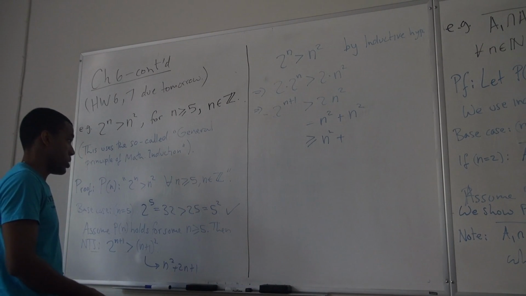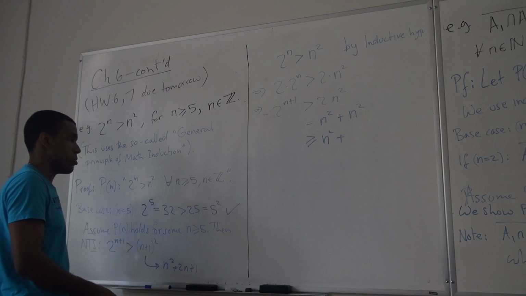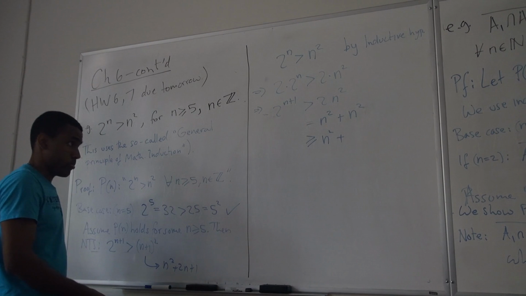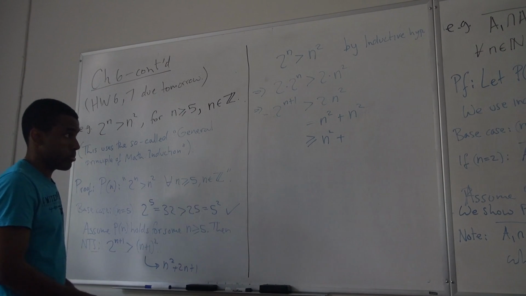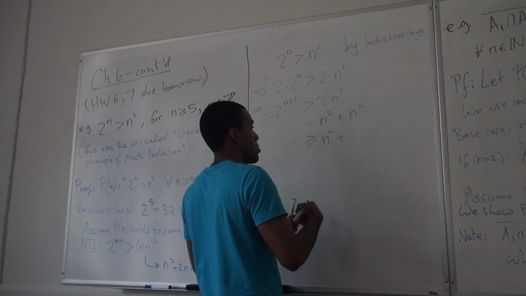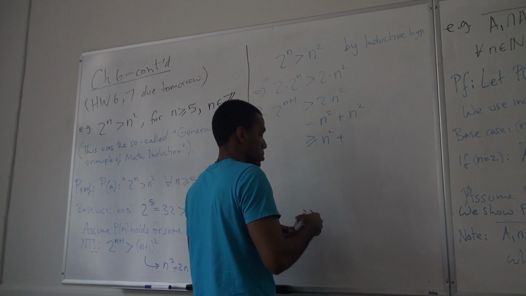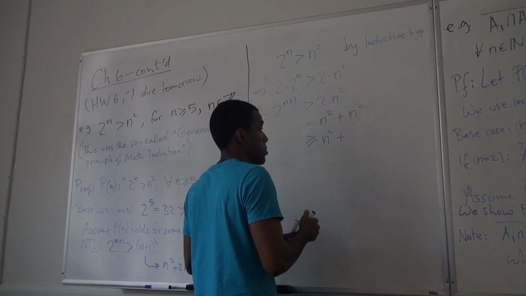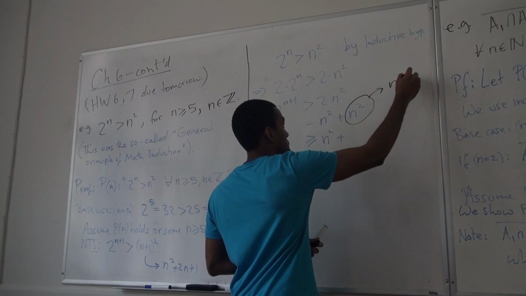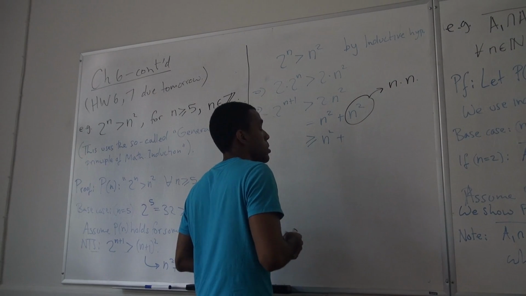There's something else we can replace it by, since n is greater than or equal to 5. So this is n times n. What does that mean?